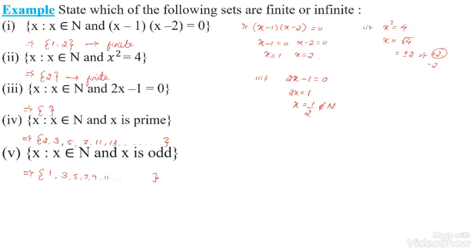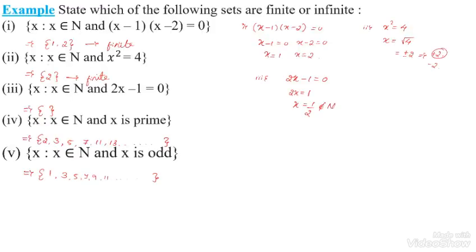While observing the five examples, we have to segregate the sets into finite and infinite. Here 1 comma 2 is countable, so it is finite. The empty set is also finite. According to the definition, a finite set may be an empty set also.